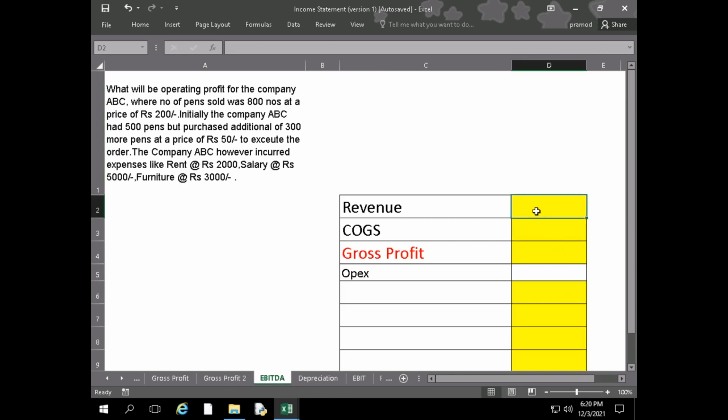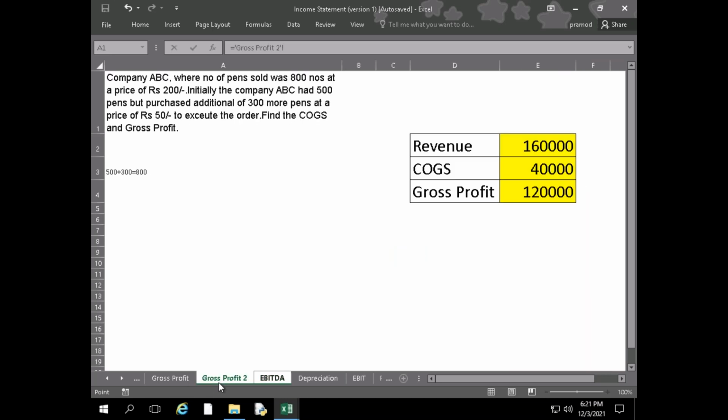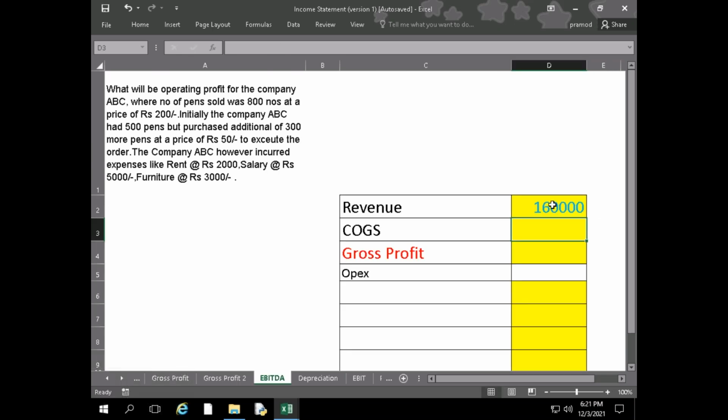In the EBITDA revenue column, you type equals, then go directly, click on gross profit 2, select the revenue and enter. Now if you see, it takes the reference of the gross profit 2 sheet, E2 data. Then you drag down. Immediately it will fill.